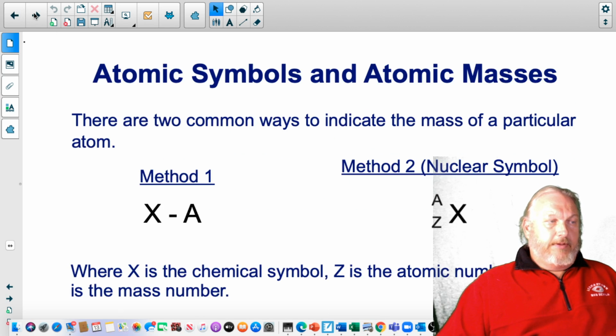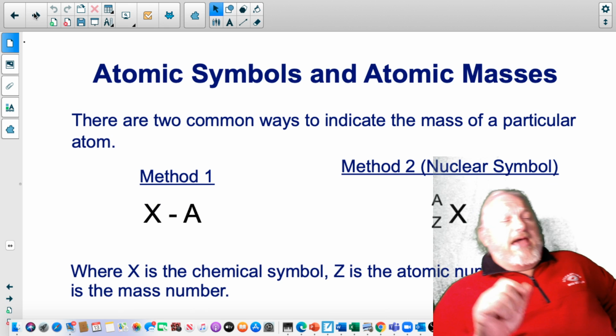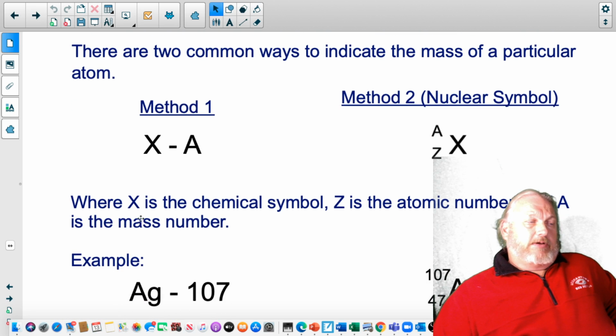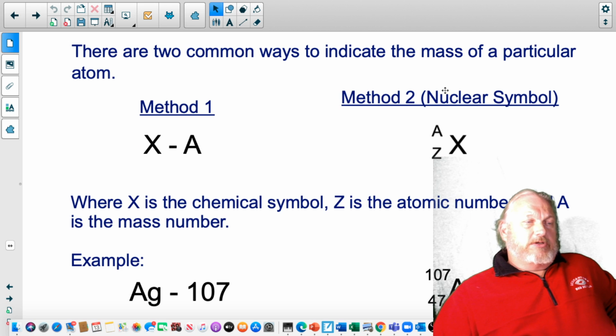So there's a couple of ways we indicate the mass of a particular atom. One is we call it X minus A, the first method. Another one is we use the nuclear symbol method. The A, which is the atomic mass number, is on top, and on bottom is the Z number, or the atomic number.